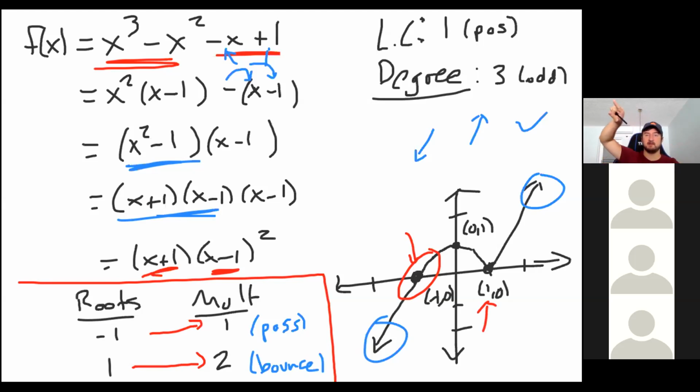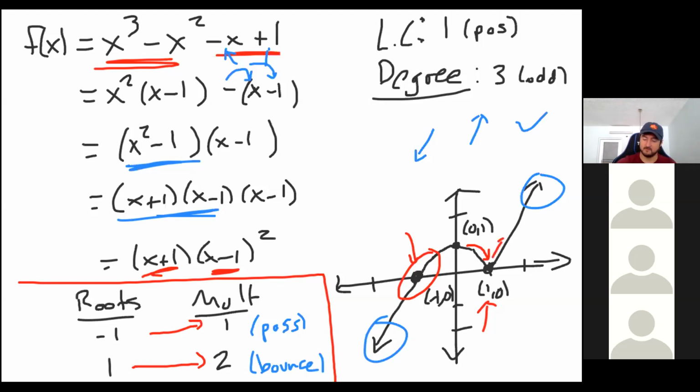We go through the x-axis. However, when x is 1, you can see that I'm bouncing off. I'm coming down to the x-axis because I know I have to hit that root. I went up some, now I have to come back down to the x-axis. But because of that even multiplicity, I bounce off the x-axis. Think of it just like a bouncy ball. You throw it down at it, and it's just going to come right back up.